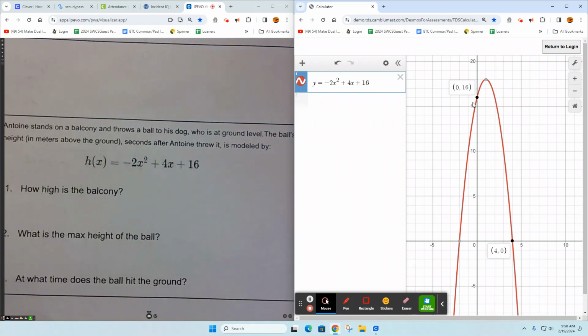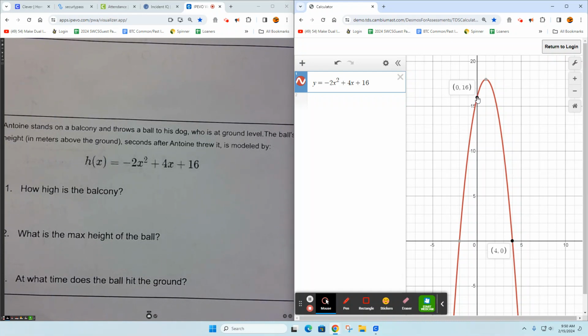I'm on my phone and I'm like, hey, there's this guy throwing a ball off his balcony and his dog is chasing it. I'm talking to my wife and she asks a question and I say, oh, it's the y-intercept. She's going to be like, no, let's focus in the real world. What is this in the problem? Yeah, that's the balcony. Okay, that's where he is on the balcony.